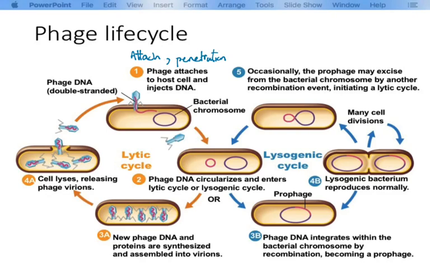So after that biosynthesis, we get what we call the assembly phase. In that assembly phase, this is where that random movement of those proteins is going to create new bacteriophage particles. Viruses have mechanisms to ensure that their DNA is going to make its way back into the capsid.